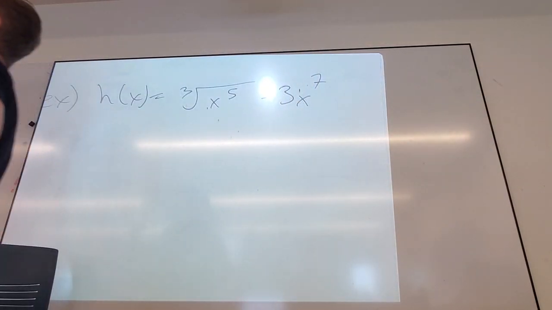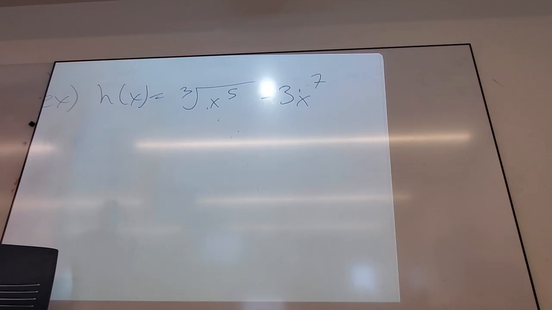Derivatives are always based on what process? Derivatives, all right, that's a weird question, but what's the only way that we know to directly get the derivative of a function? We have to apply the limit definition, right?